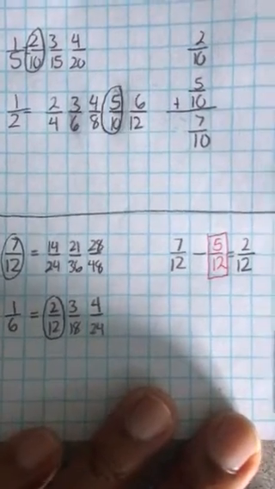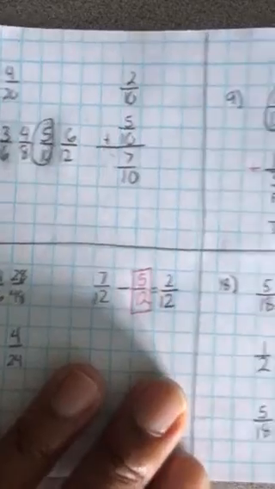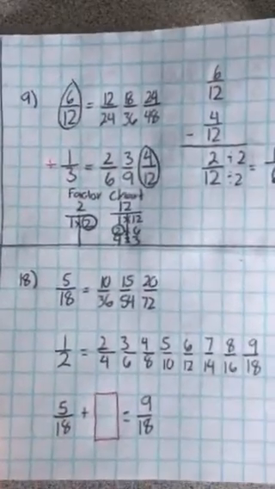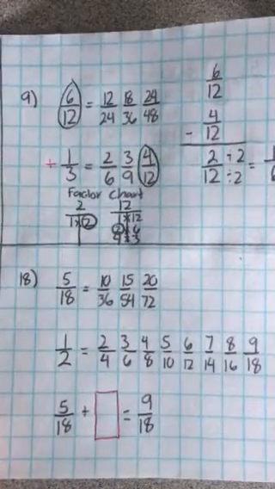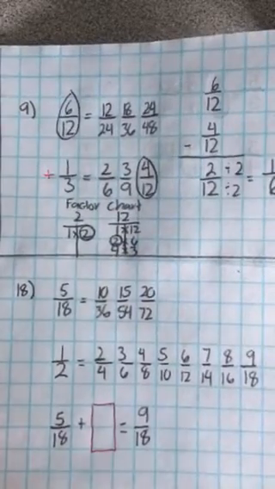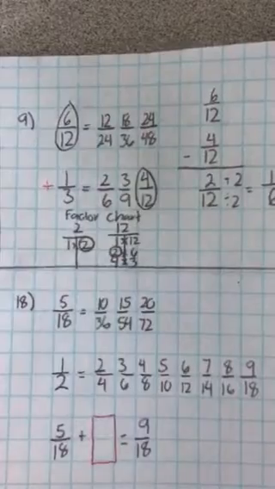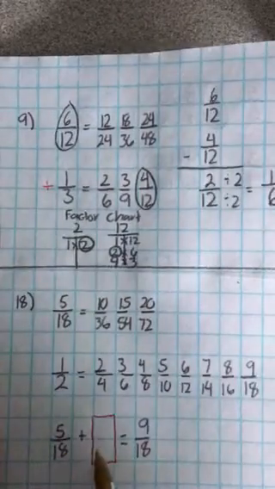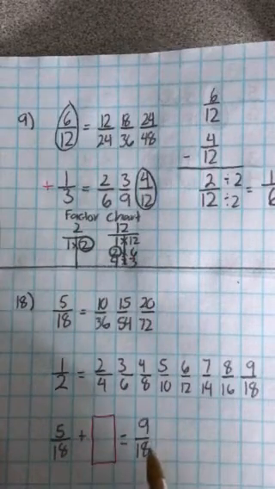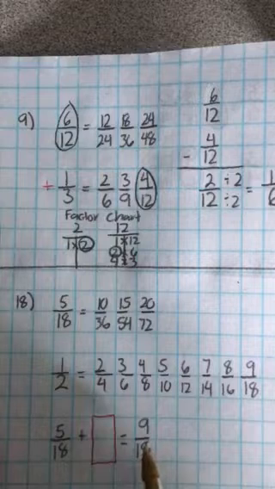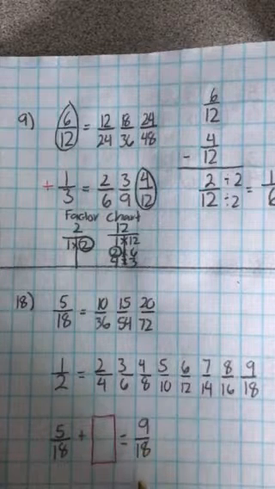Let's take a look at number 18. This is an addition problem. For number 18, I have 5/18, and I'm going to add some number to 5/18 and get 1/2.